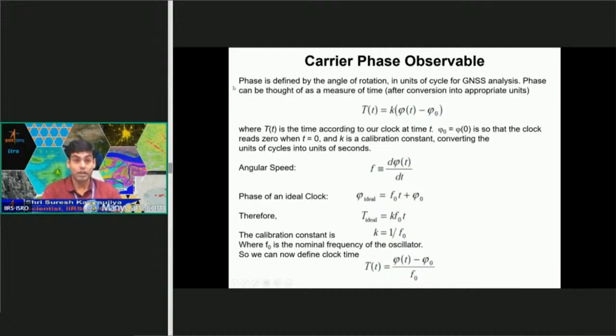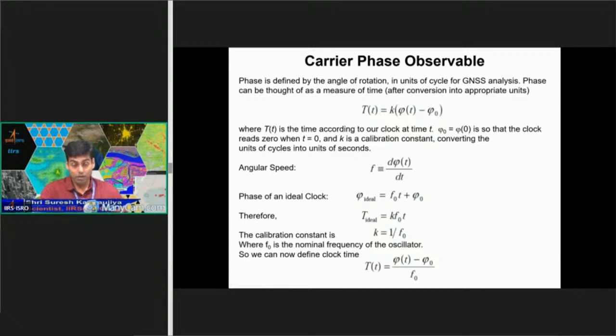First we will understand what phase is. Phase is nothing but the angle of rotation, with the unit of cycle for GNSS analysis. It is a measure of time.